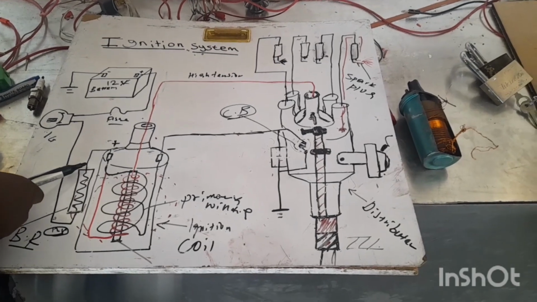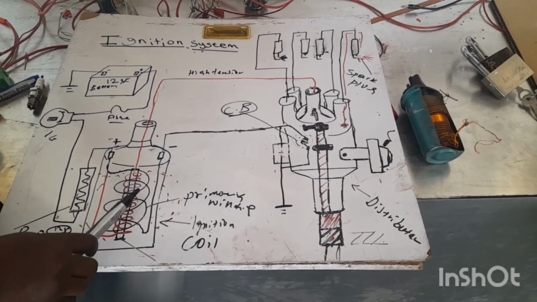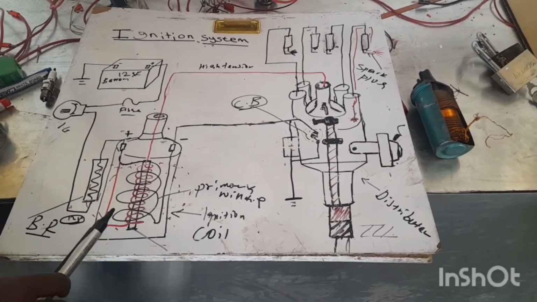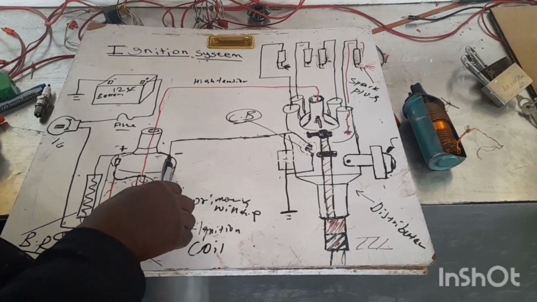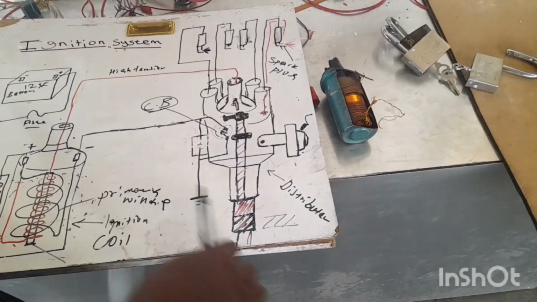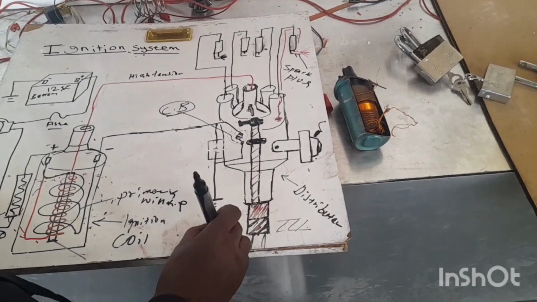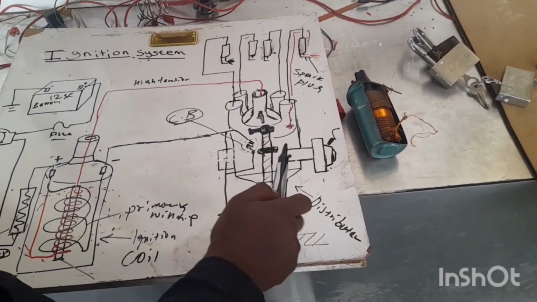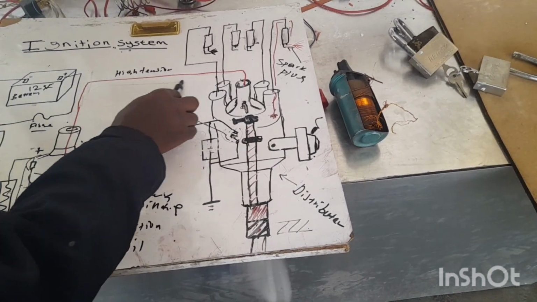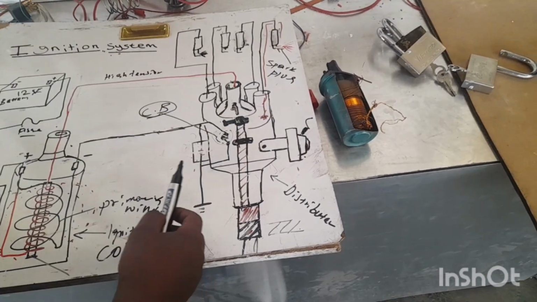When the 12 volts come in, it passes through the primary winding, rotates around the winding, and exits to the negative terminal, as you can see here. This part is the distributor, which is responsible for controlling the high tension voltage and distributing it to each spark plug.